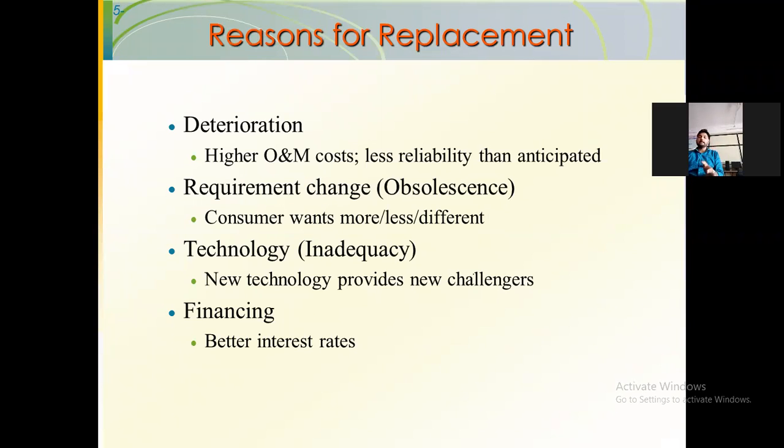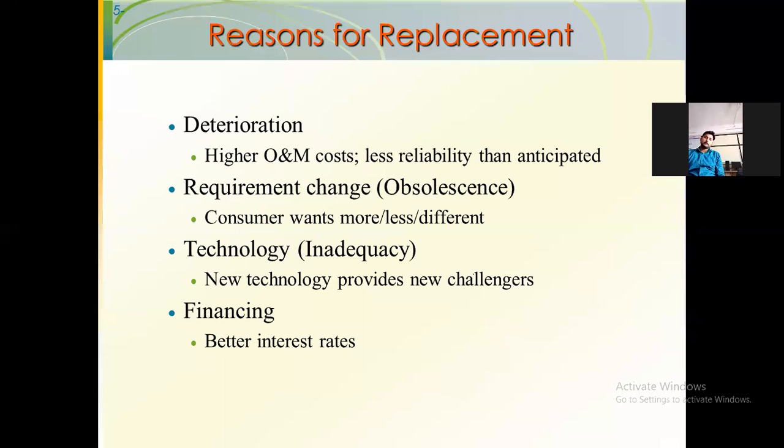So new technologies have more impact on the replacement analysis. New technology provides new challenges, and that will insist the managers or the owner to change the technology. At that time you have to think about replacement.